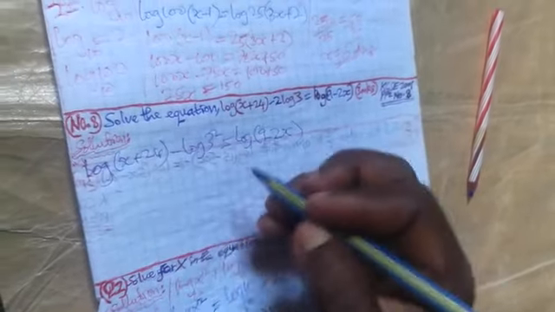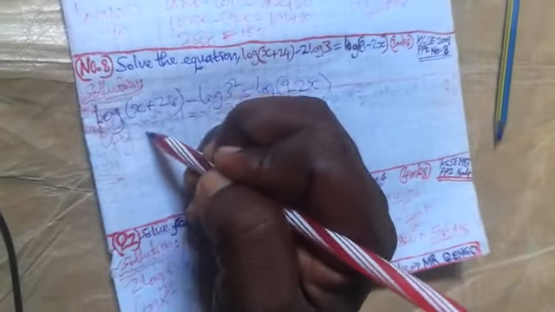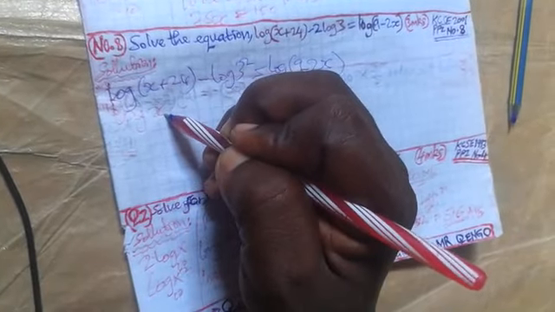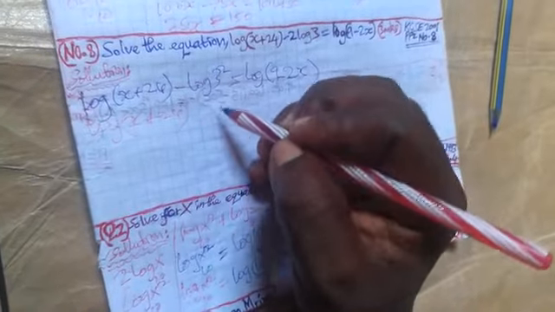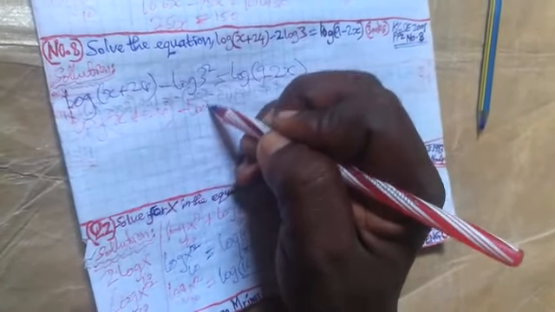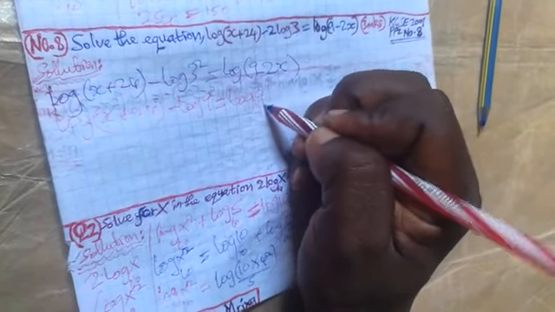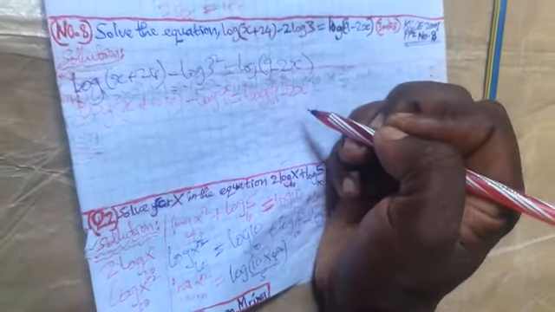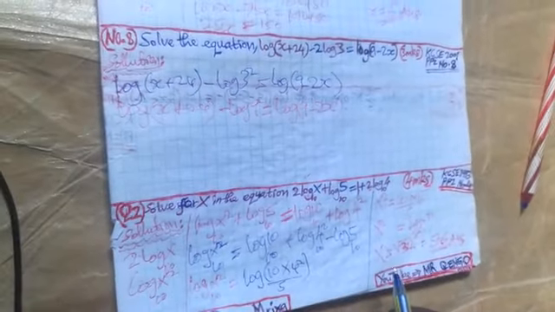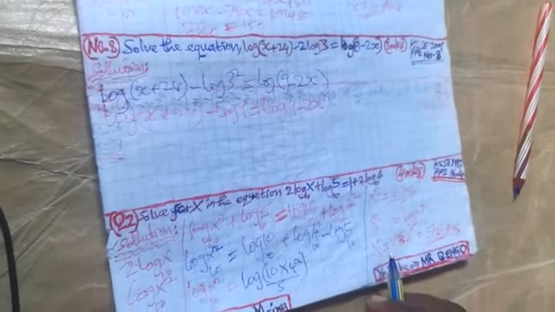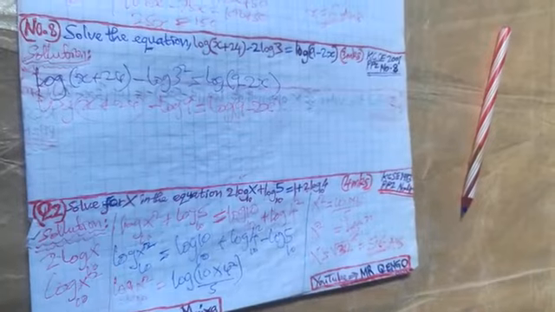This will be log of x plus 24 minus log 9 is the same as log of 9 minus 2x. By applying the laws of logarithms, subtraction goes with division and multiplication goes with addition.